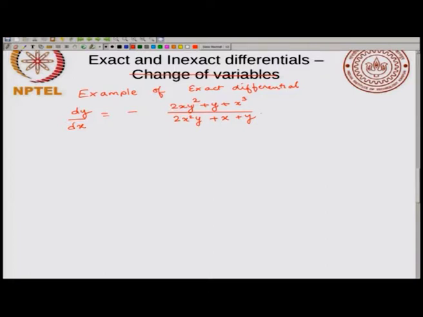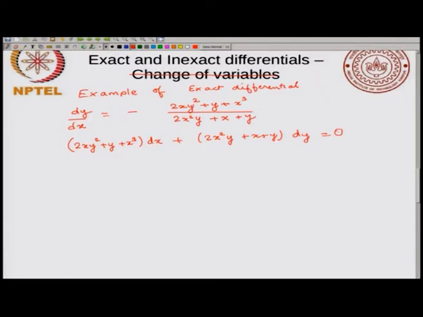What I will do is rewrite this: this times dx I will bring to the left. So, I have (2xy² plus y plus x³) dx plus (2x²y plus x plus y) dy equal to 0.